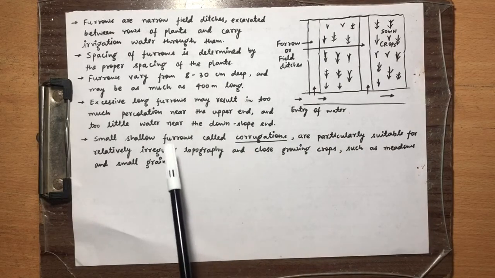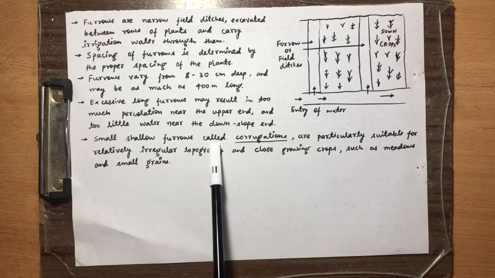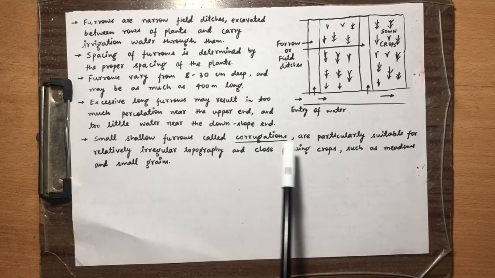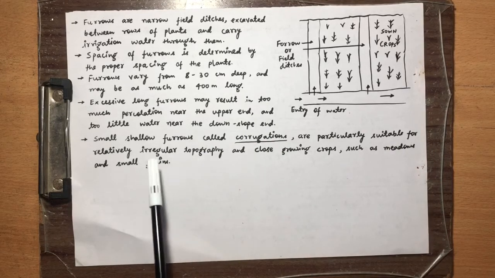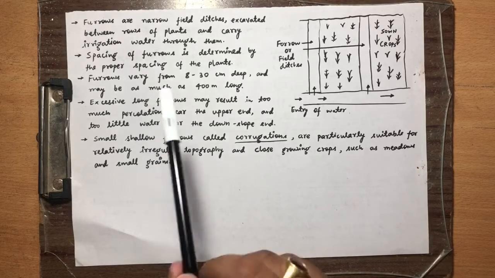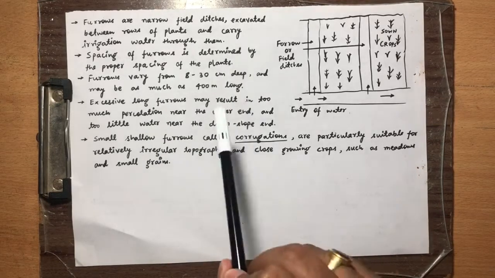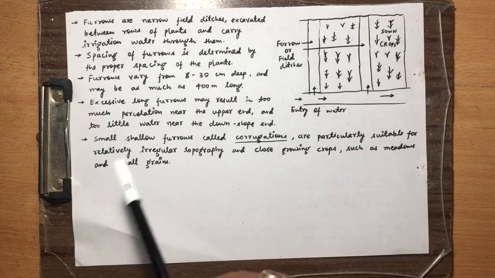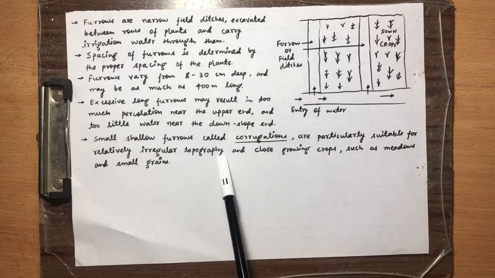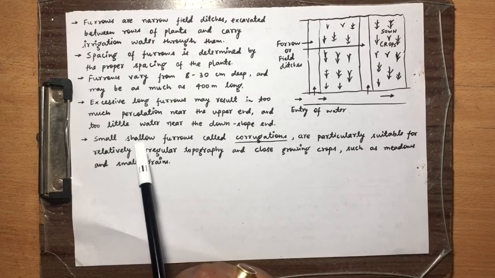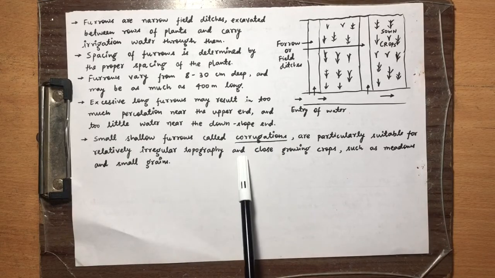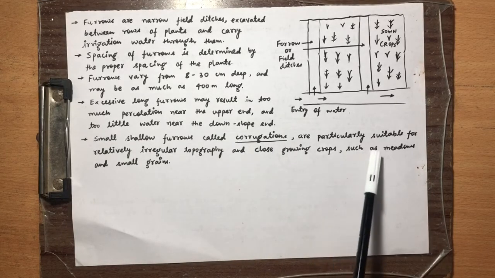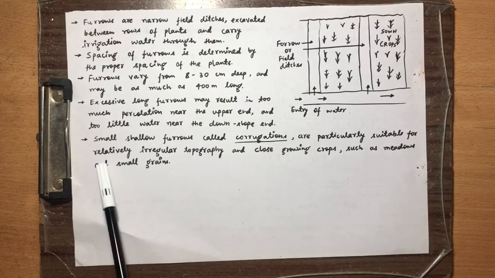These are called small shallow furrows, called corrugations, and are particularly suitable if the topography is irregular, like there is some height, some valley, summit. If the field is irregular, not level, then we can use small shallow furrows, called corrugations, and close growing crops such as meadows and small grains.